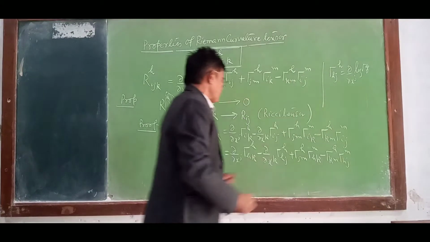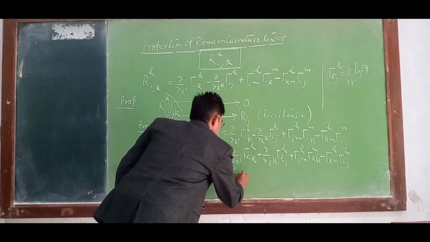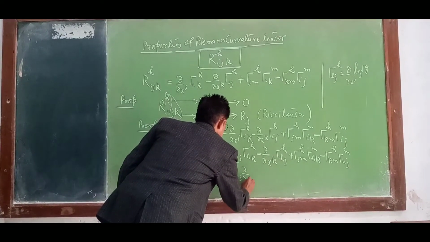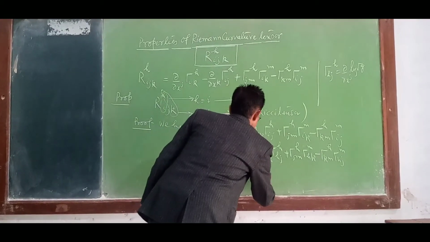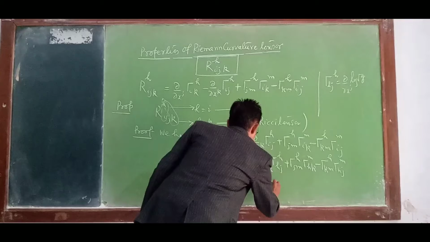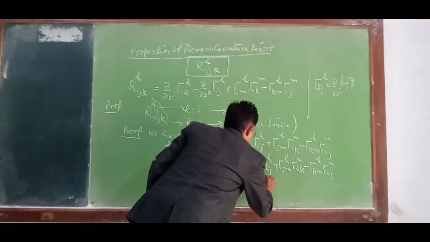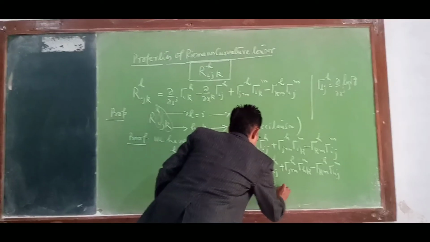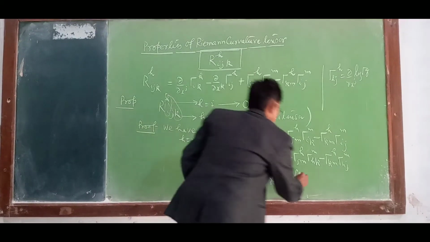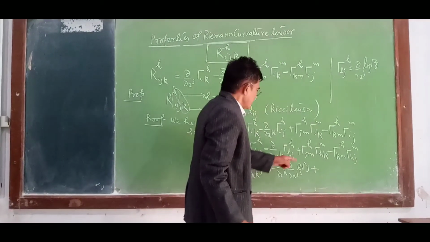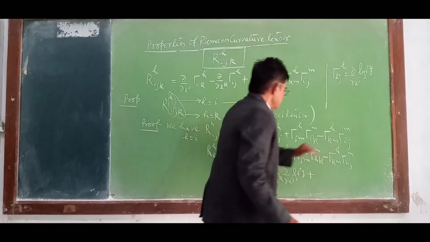So by using this property, this is ∂/∂x^j ∂/∂x^k log √g minus ∂/∂x^k, again using the same property, ∂/∂x^j log √g, plus the remaining terms, where the indices are different, so we can't use the property and keep them as they are.